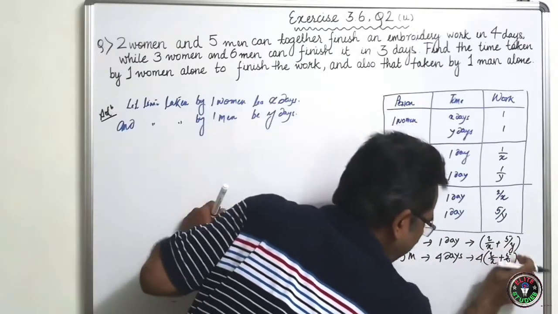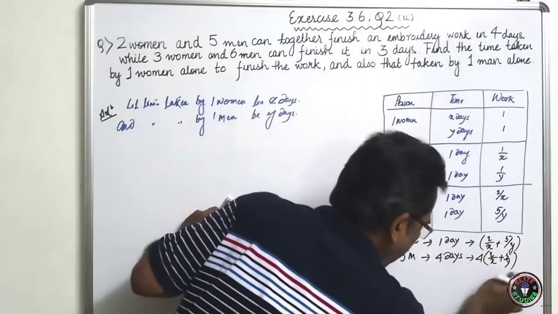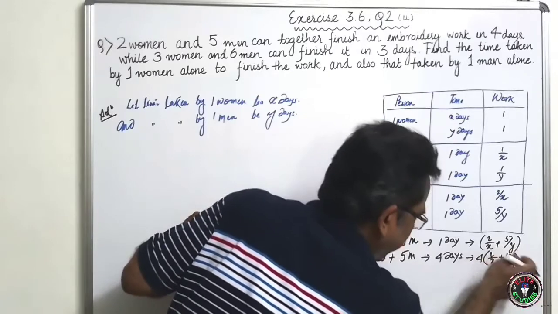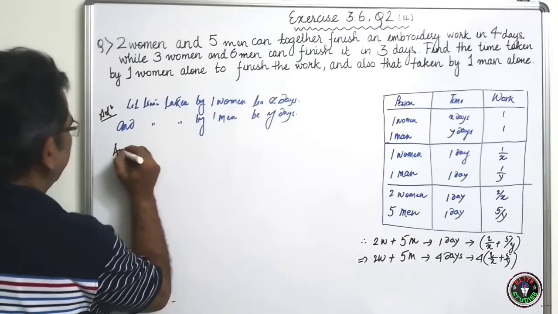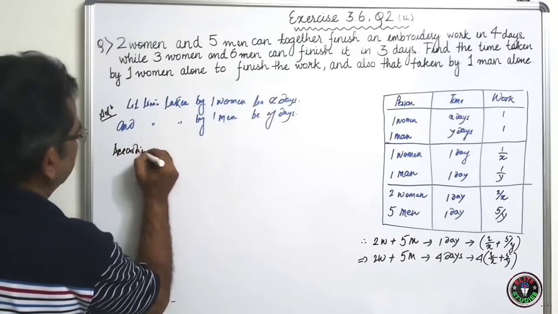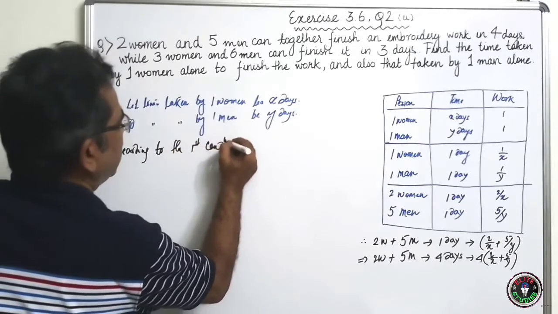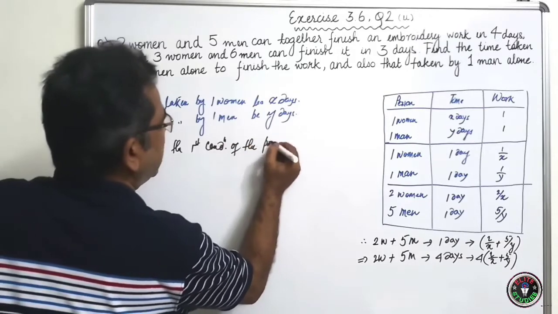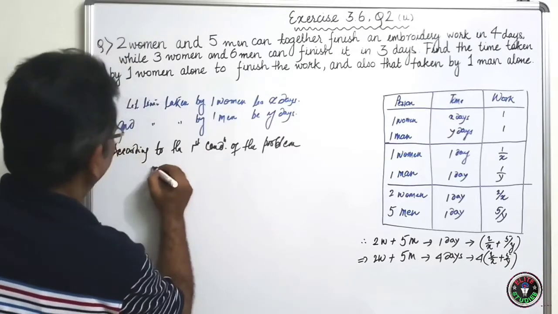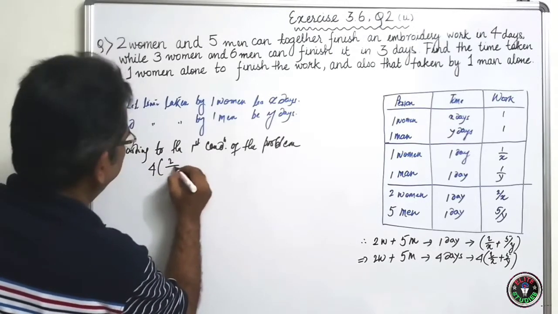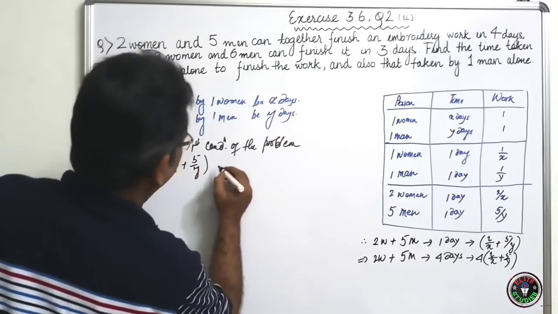Now this is the complete work. They have finished the embroidery work. So this complete work is 1. Therefore, according to the first condition of the problem, what we will get: 4 into 2 by X plus 5 by Y will be equal to 1.